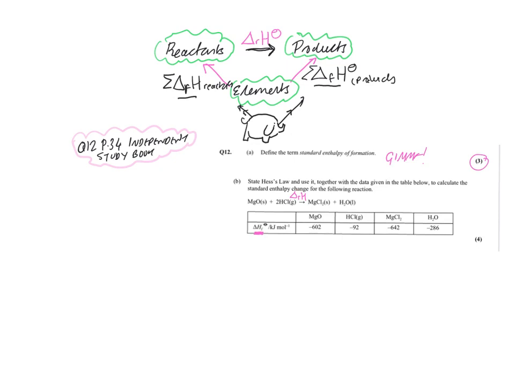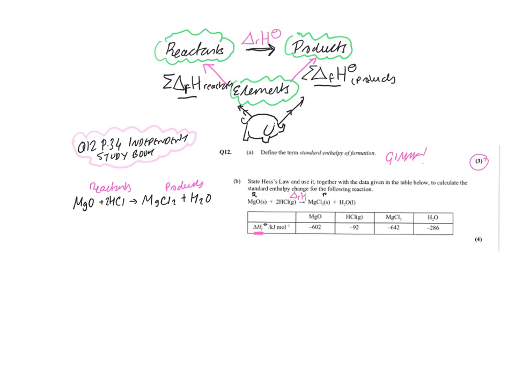So if we look at the reactants, that's your magnesium oxide, and your products are your magnesium chloride. So I'm going to draw an enthalpy cycle. So it's magnesium oxide, reacting with your hydrochloric acid, and we're forming magnesium chloride and water. So don't forget that these are your reactants and these are your products.